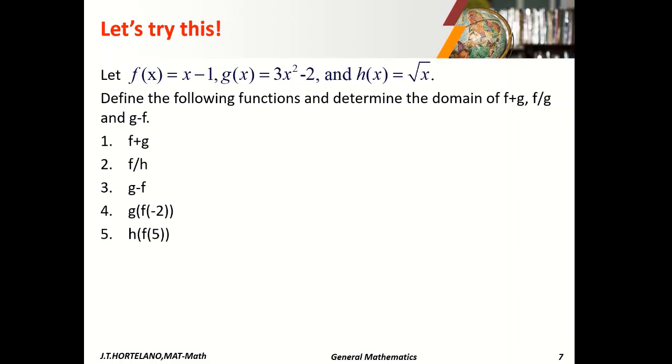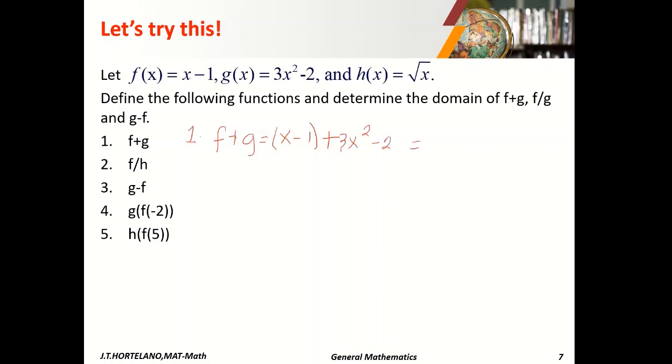So for number 1, this is our answer. For number 1, f plus g would be, we have the function f, x minus 1, plus the function g, which is 3x squared minus 2.